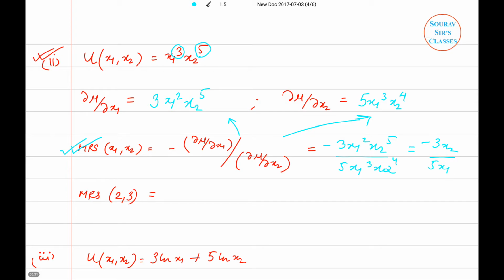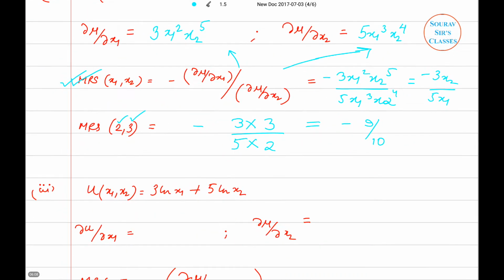Now in place of x2 and x1, we will just substitute the values 3 and 2, and then we will get minus 3 into 3, that is the x2 value, and 5 into 2. So we'll get minus 9 by 10. So minus 9 by 10 will be our answer.